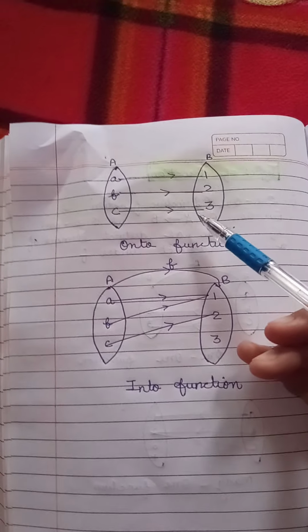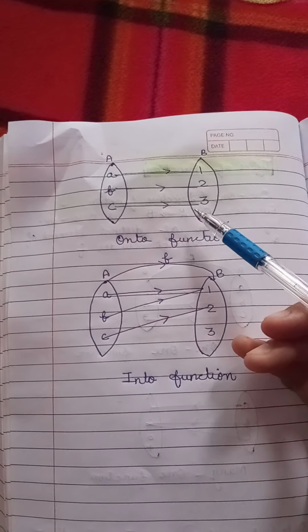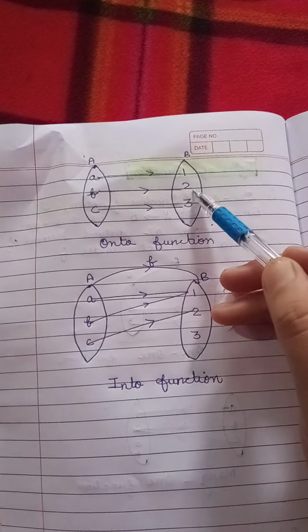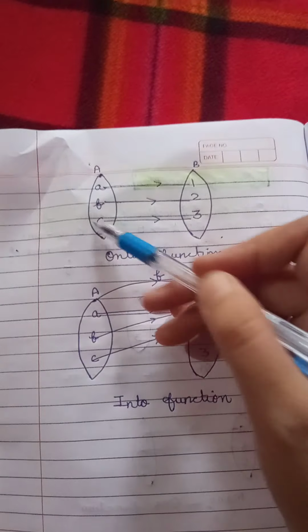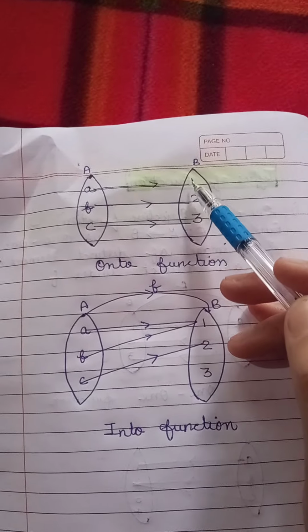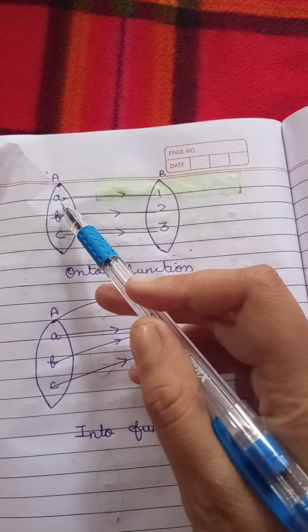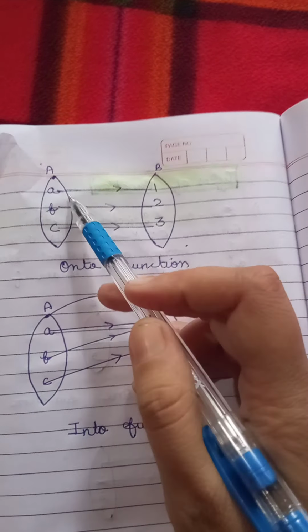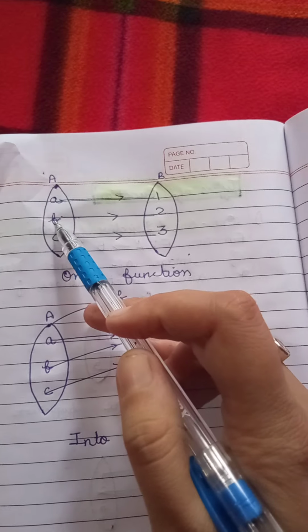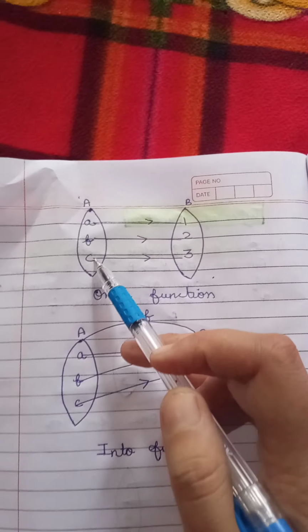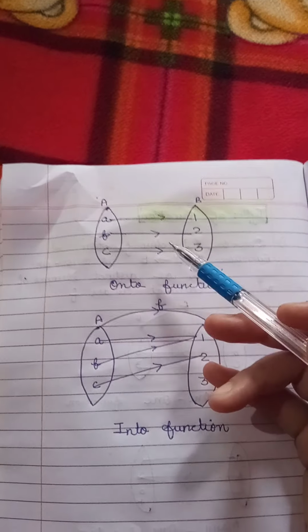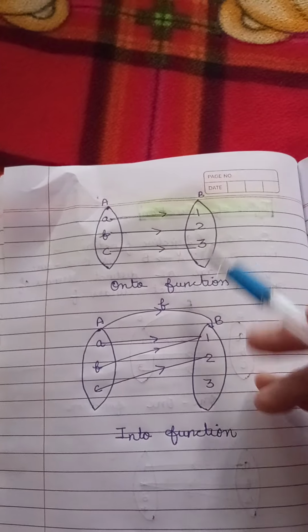This is a set A, this is a set B, and we know the definition of onto, that is every element of set B is the image of some element of A. So here 1 has its image a, 2 has its image b and 3 has its image c. So it satisfies the definition of an onto function.